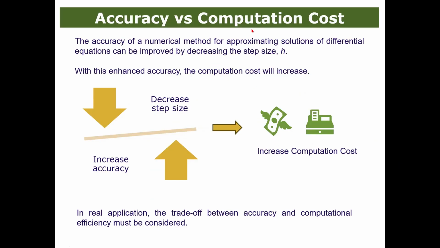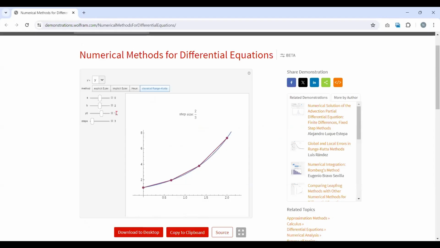Let's see this part again. Let's go to Euler's method. When I change the step size here, now the step size is 3, increase it to 25, for example. You can see the approximation is getting more accurate and nearer to the actual values.